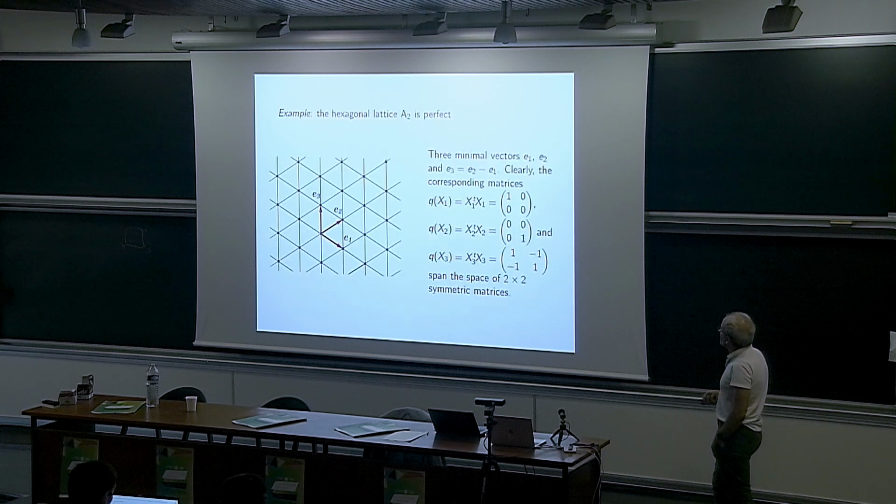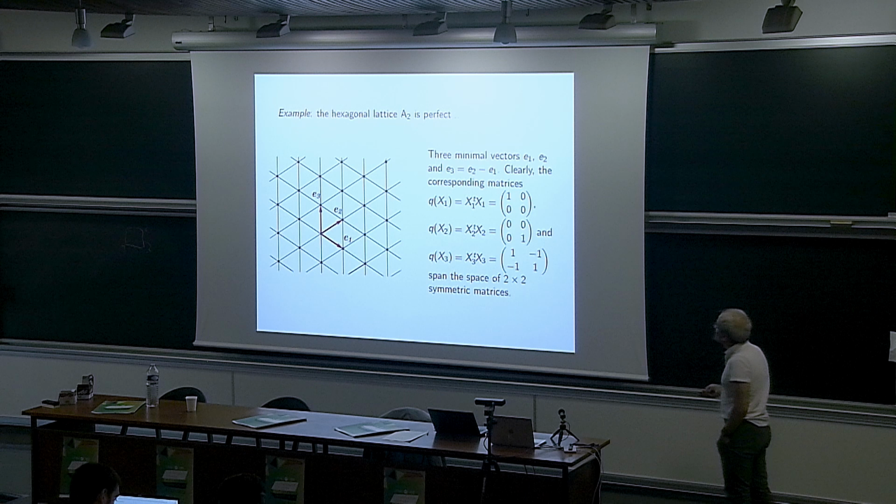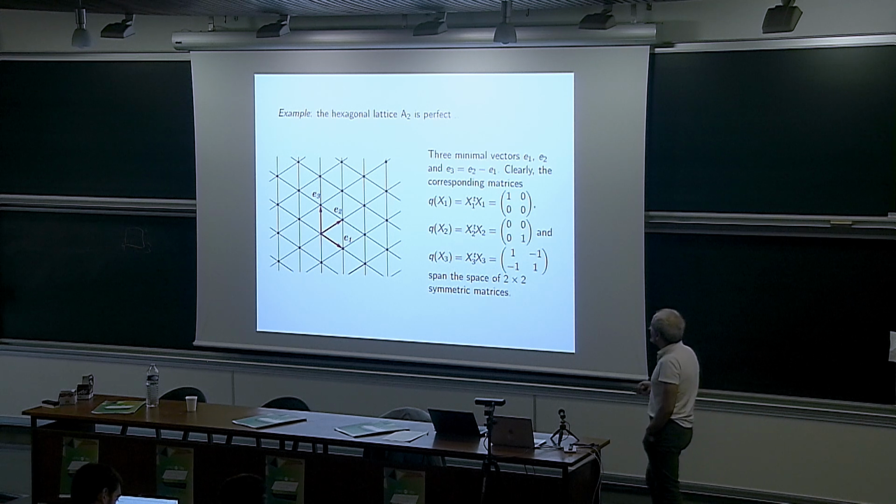Okay, a few examples just to see what it means in concrete terms. So here is the classical hexagonal lattice A2. I claim that this one is perfect, which you can check just by computing the matrices Q of x1, x2, and x3, having first computed the minimal vectors, which are these three. Also, there are opposites, but they give rise to the same form in the space of symmetric matrices.